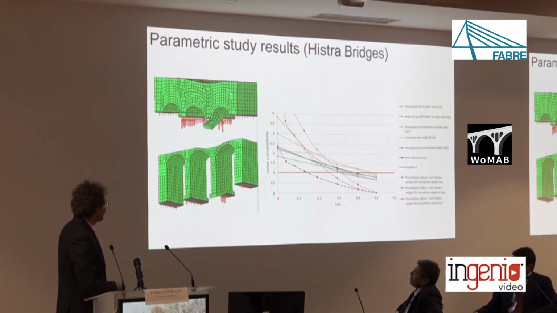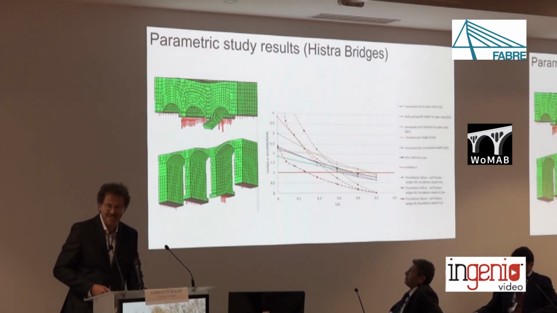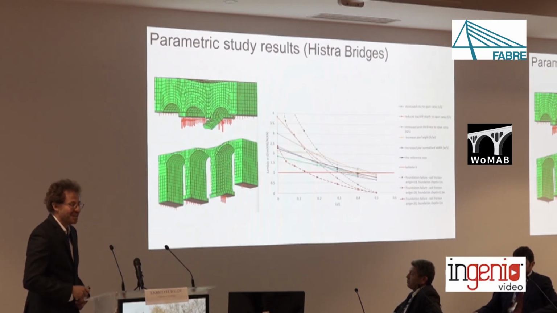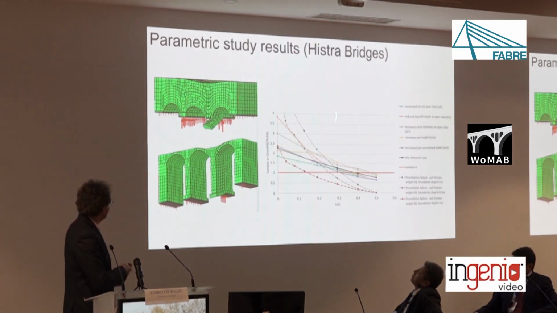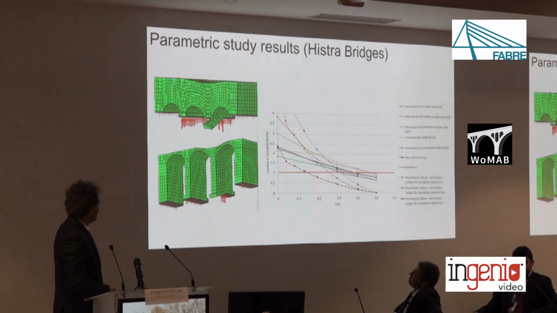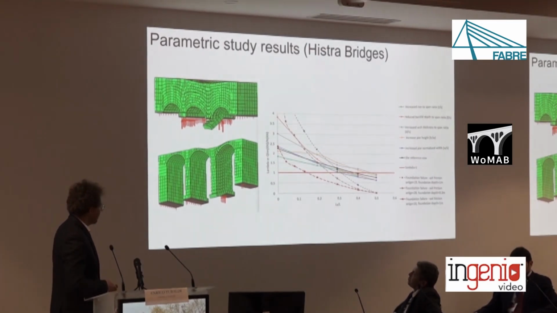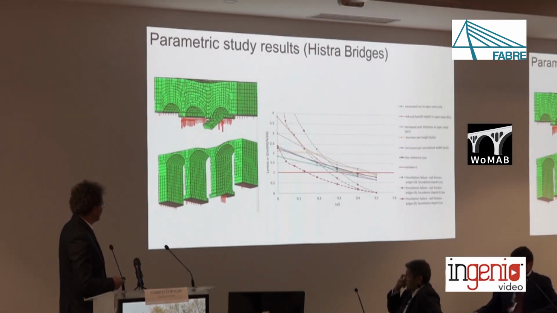And so we resorted here to Istra Bridges, the software developed by Professor Callio, because it has a very nice preprocessor and it was possible to generate models very quickly. So we ran a series of analyses for different types of models, observing the changes in the load multiplier. This is the multiplier of the self-weight for increasing level of the foundation undermined by scour.